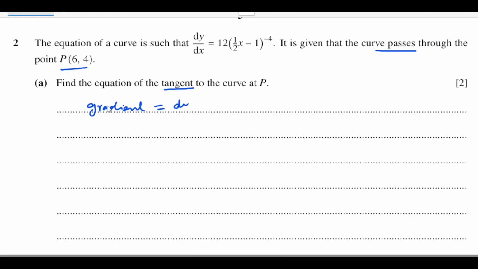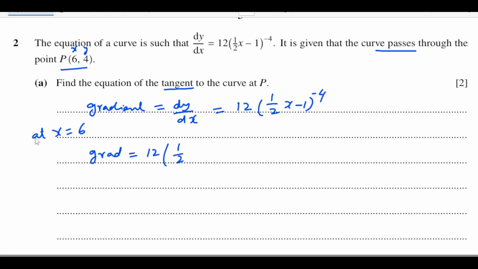Gradient is change in y over change in x, which is given to us as 12 times (half x minus 1) to the power -4, right? We have been given the point, it passes through (6, 4). So at x equals 6, the gradient is going to be 12 times (1 over 2 times 6 minus 1) to the power minus 4.